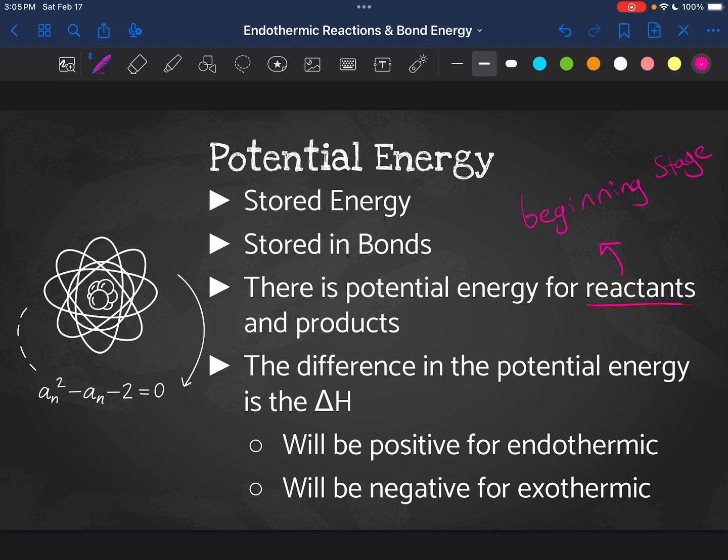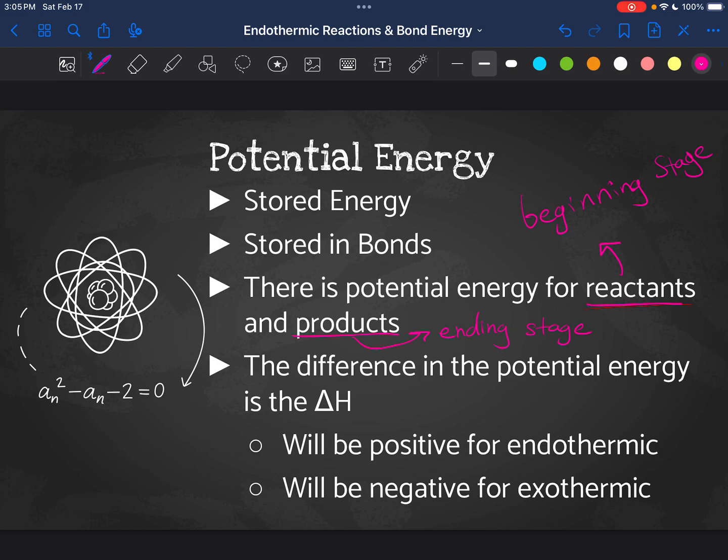And if there's a beginning stage, there's always going to be an ending stage or the outcome. However you want to phrase this is up to you. Last time I talked about reactant being the beginning, in English terms, and product being the ending, or in math terminology, reactant being input and products being output.